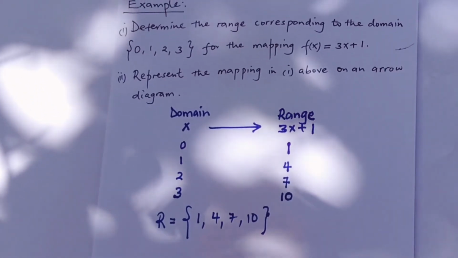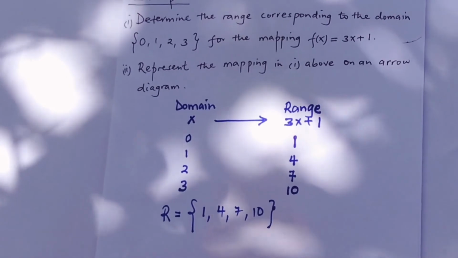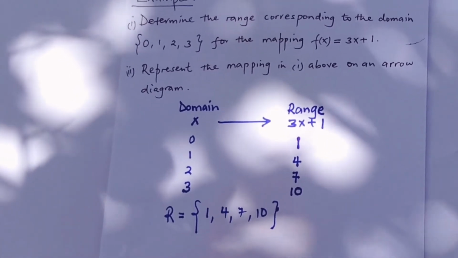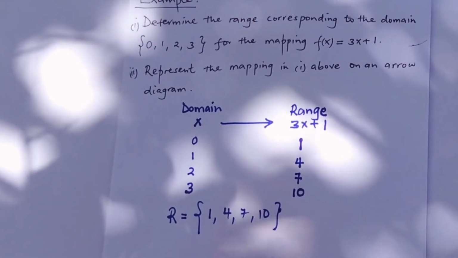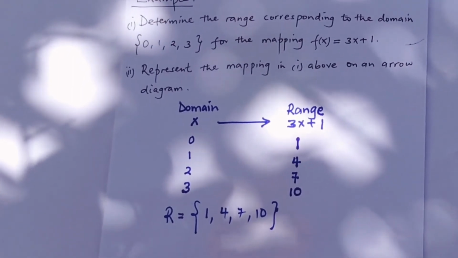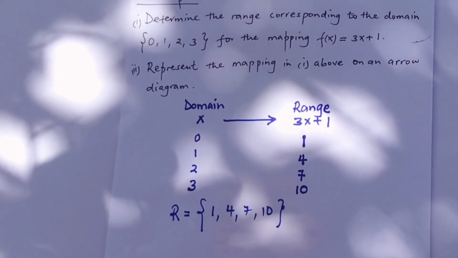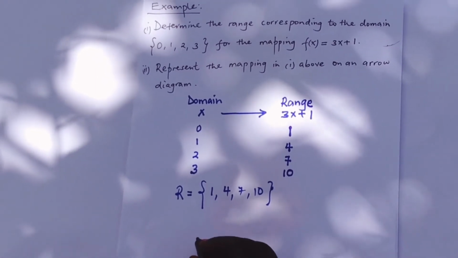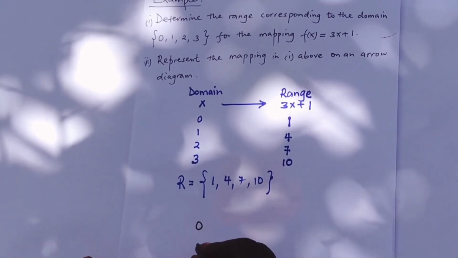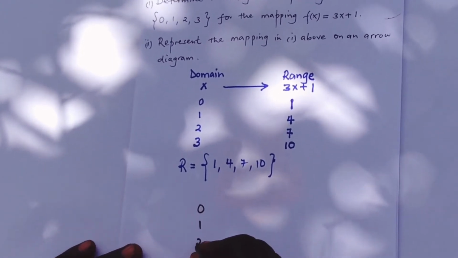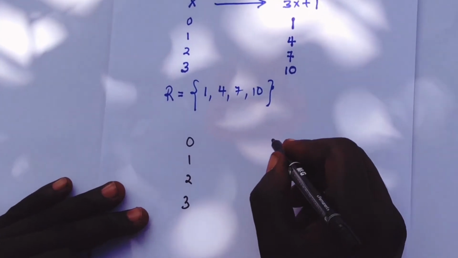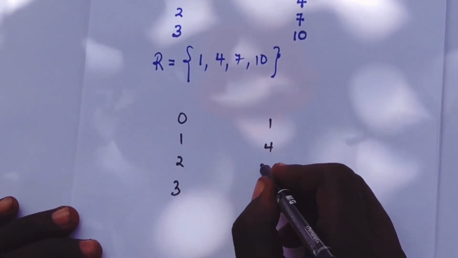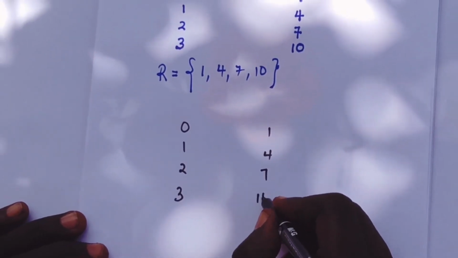Now, representing this mapping in one above on an arrow diagram, that would be the simplest thing we can ever be asked under functions. So we have now our domain, which is 0, 1, 2, 3, and we have our range, which is 1, 4, 7, and 10.